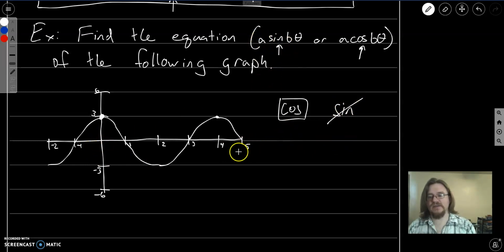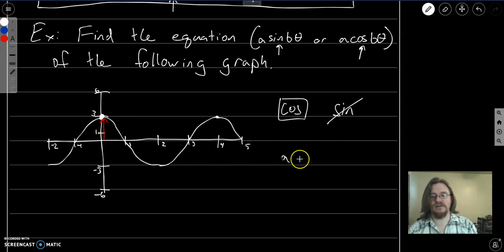Next, let's find a. A should be our amplitude, right? So what we'll notice is that the cosine of 0 should be 1. That's where we should be starting at. But we've grown up to 3. So to get from 1 to 3, that's a factor of 3 there.